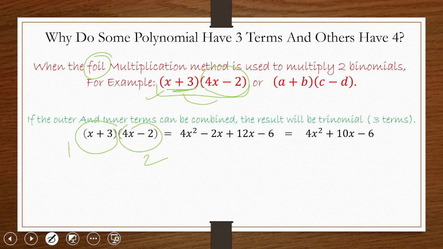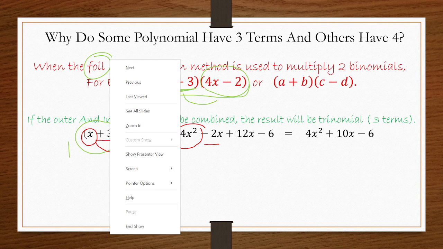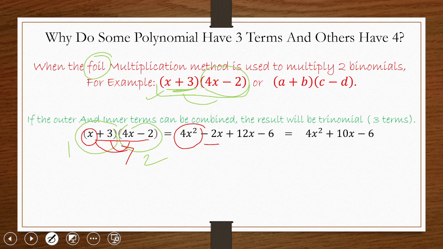We take the first bracket, and from the first bracket we take the first term. Then we multiply it step by step with the second bracket. x multiplied by 4x is 4x squared. Then x multiplied by minus 2 is minus 2x. Then 3 multiplied by 4x is 12x.